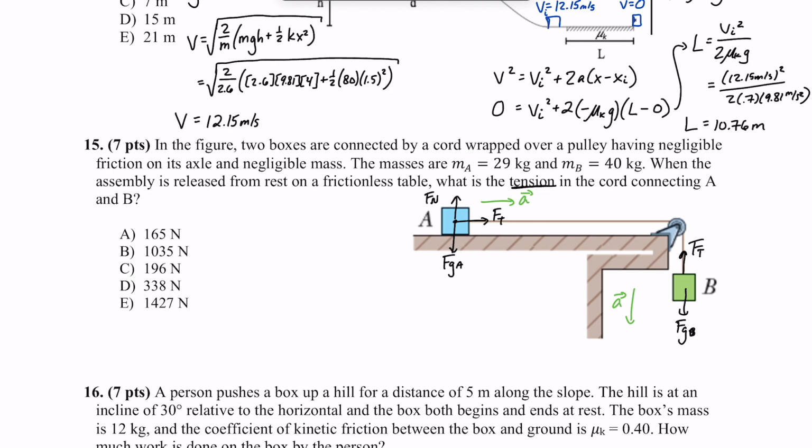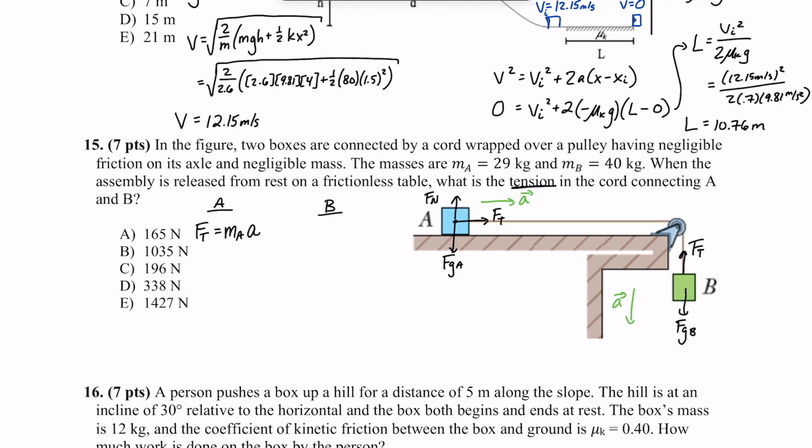Keeping that in mind, let's now go ahead and write Newton's second law based on our pictures for each of the objects. I'm not interested in the vertical direction for A to solve this problem, so I'll just write Newton's second law for A in the x direction. The only force in the x direction on A is the tension force, and that's going to be equal to the mass of A times the acceleration.